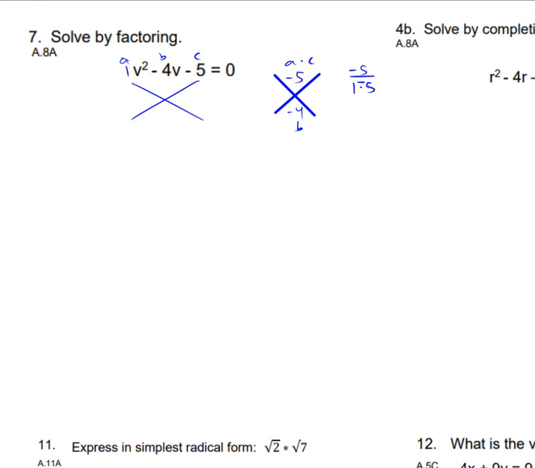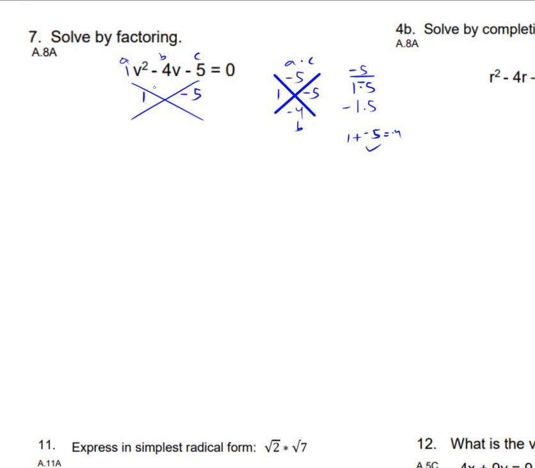That's either 1 times negative 5 or negative 1 times 5, right? Well, if I add negative 1 and 5, I don't get negative 4. If I add 1 and negative 5, I do get negative 4. So that's the one I want. 1 plus a negative 5 equals a negative 4, okay? So since that works, this is the one I want. So I pick my 1, I take my negative 5 here. I put those on the side, and I like to copy those over here too.